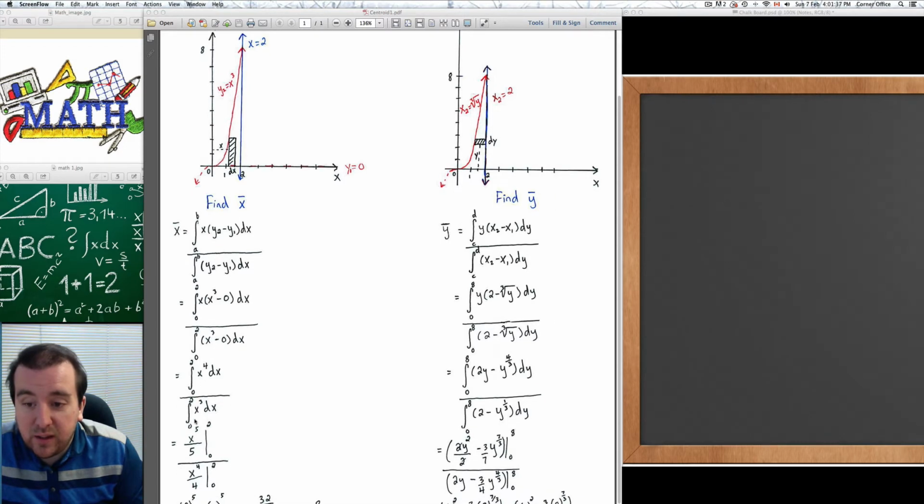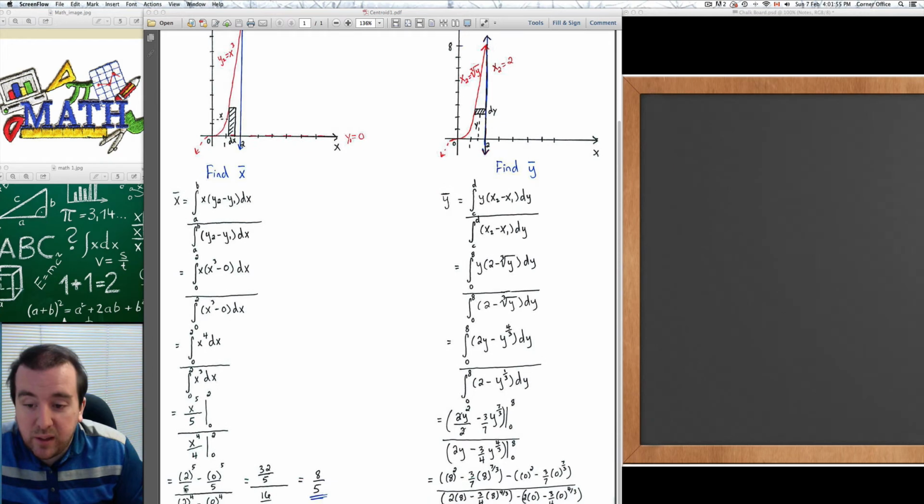So I've integrated x to the 4 is x to the 5 over 5, evaluated from 0 to 2, and on the bottom we have the integral of x to the power of 3 is x to the power of 4 divided by 4, which we evaluate again at 0 and 2. Okay, so we plug these numbers in. 2 goes in first, and then 0, and we subtract according to the fundamental theorem of calculus.